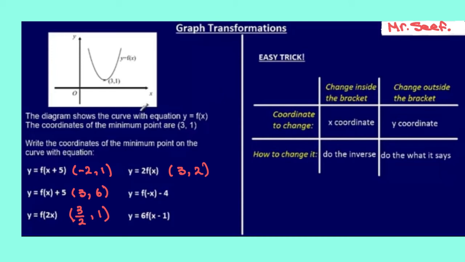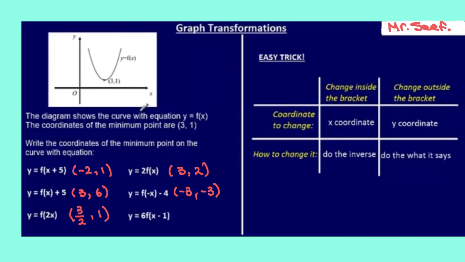Well, at the moment we're multiplying by -1, so the inverse of multiply by -1 is divide by -1. So 3 divided by -1 becomes -3. And the -4 is outside the bracket, so we're going to change the y coordinate and we do what it says. So we're going to subtract 4, so 1 take away 4 is -3.